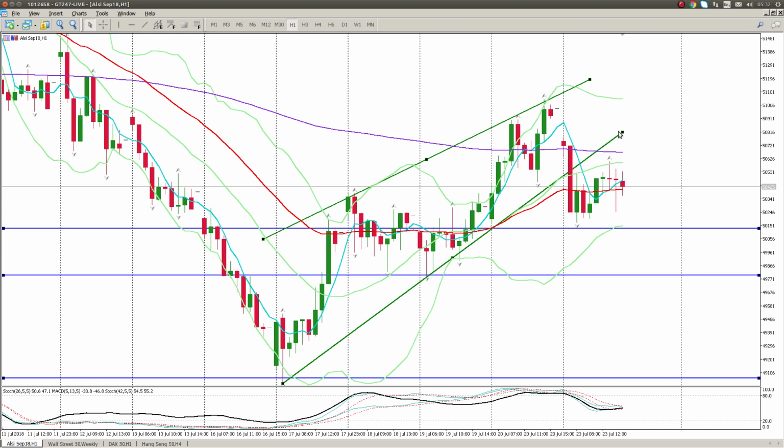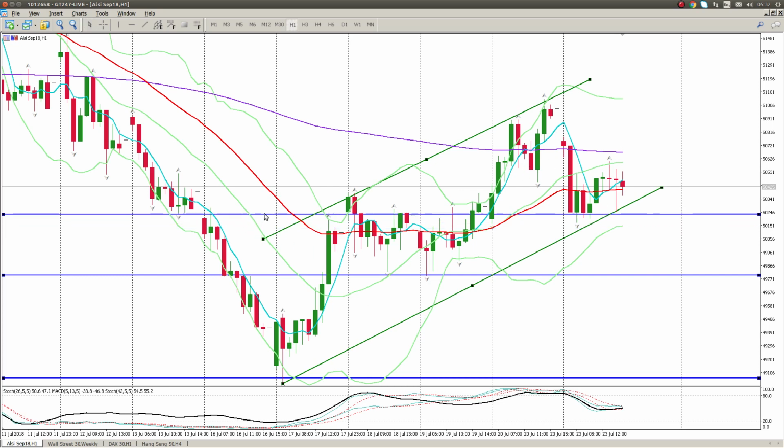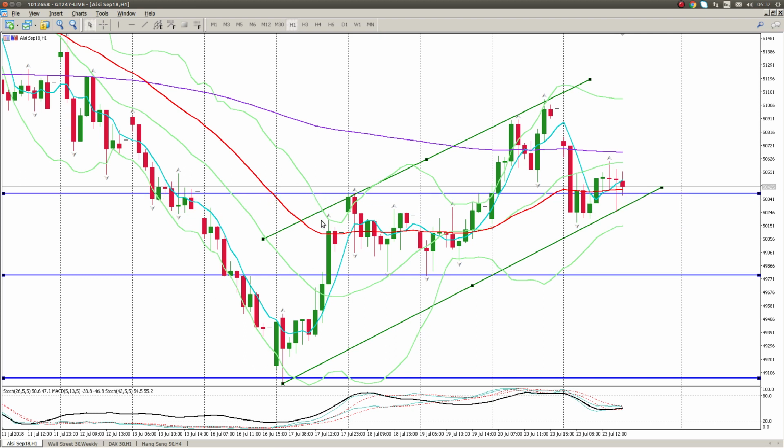So, has that wedge turned out to be a channel? This is kind of what my bias is at the moment. This is turning out to be a channel, and the reason for that is we have the cup and handle broken up, come back to test the break, and now we're still hovering at the break.